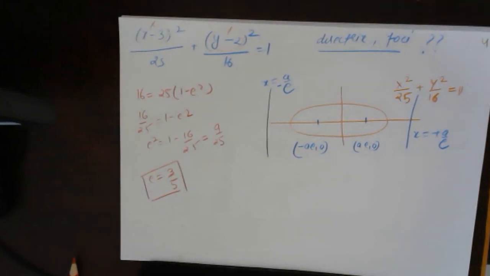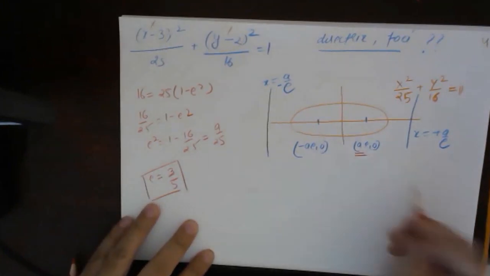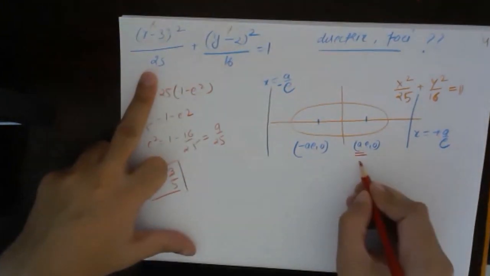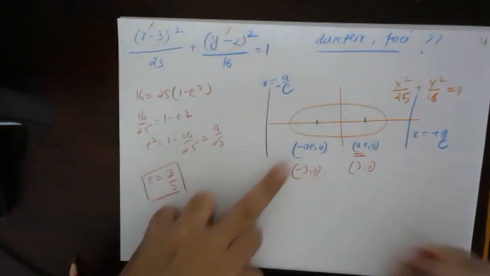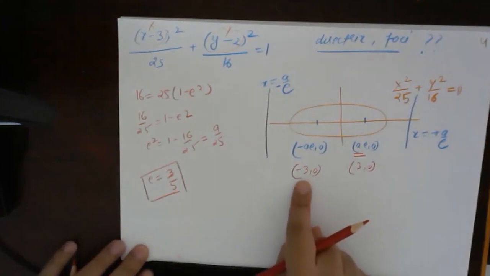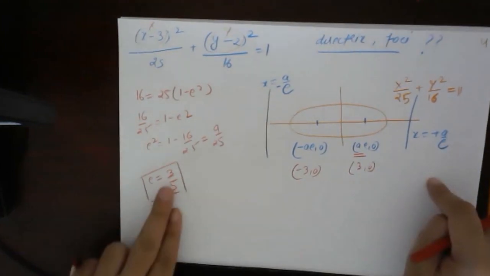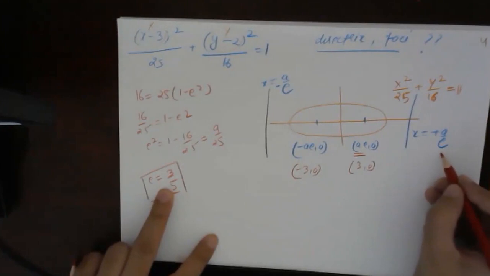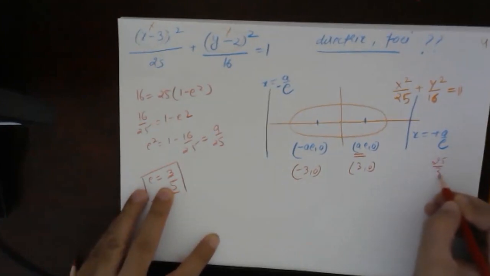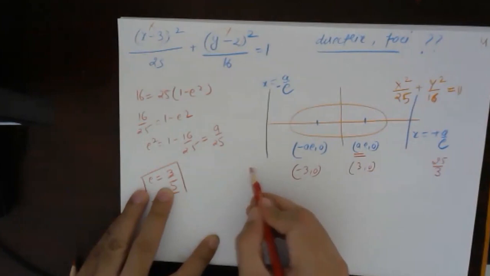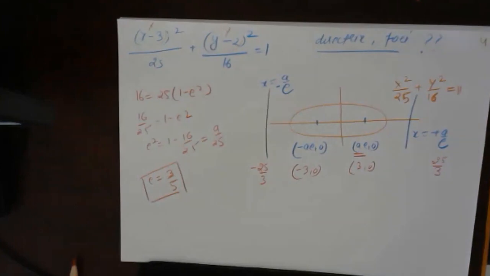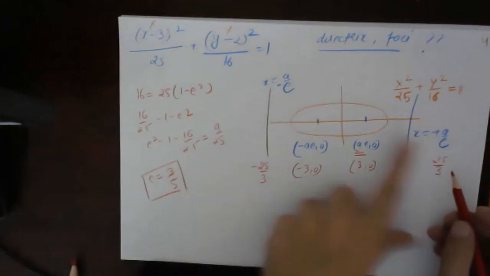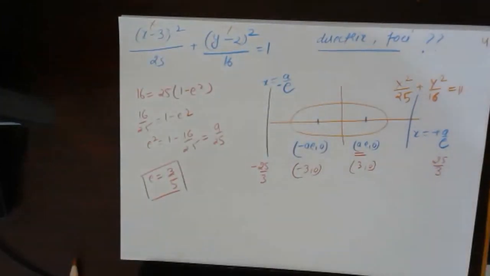If e is 3 by 5, then I can find the value of ae. a is 5, so this becomes 3, 0 and this becomes minus 3, 0. a by e becomes 5 by 3 by 5, so this is 25 by 3 and minus 25 by 3.